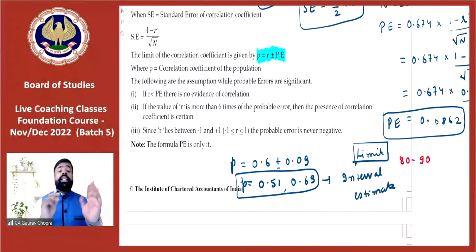So this 80 to 90 is the limit, and you want to say that your exact marks will lie between these two. So these two are known as limits. Same is here. We have found the error, we have found the variation. There can be a variation of 0.09 on any side. That is why we have subtracted and added 0.09 and got the limit. All right.